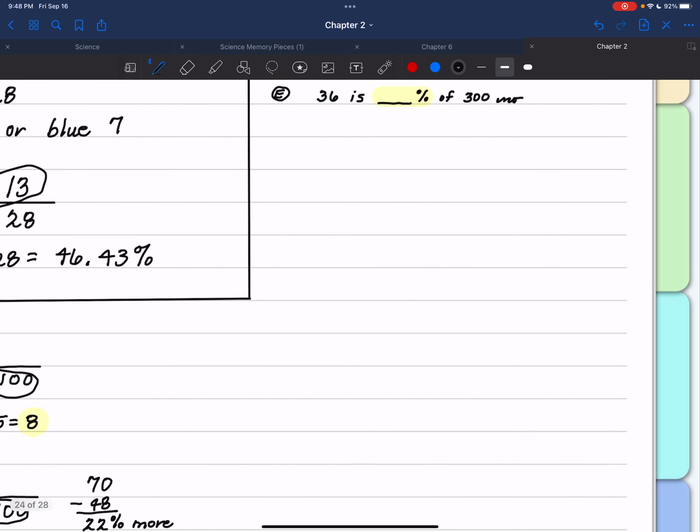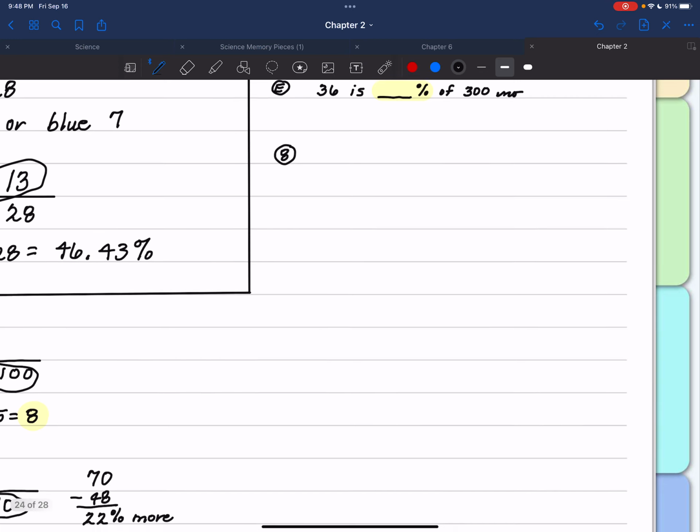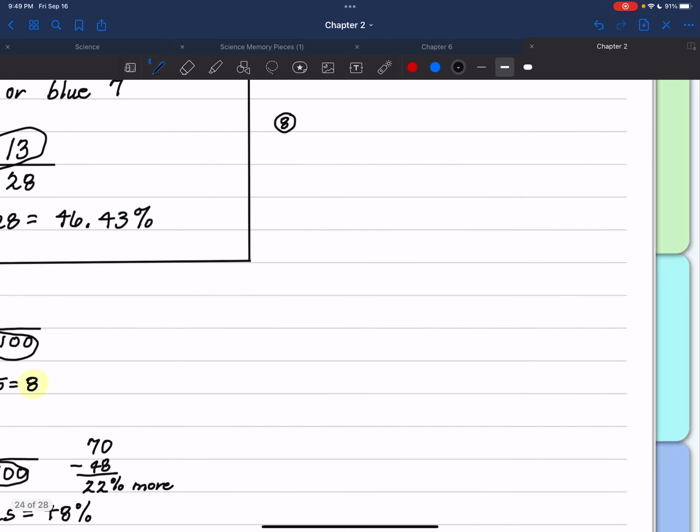Number 8. Nutritionists recommend that people consume 25 grams of dietary fiber each day. A serving of black beans contains 20% of this amount.